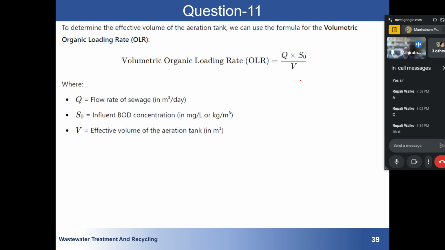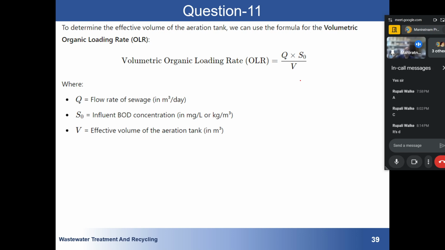Now as it is talking about organic loading rate, it is the rate at which organic matter is coming. For our question, we won't be measuring organic matter directly, we will be measuring BOD. So at what rate is this BOD coming?